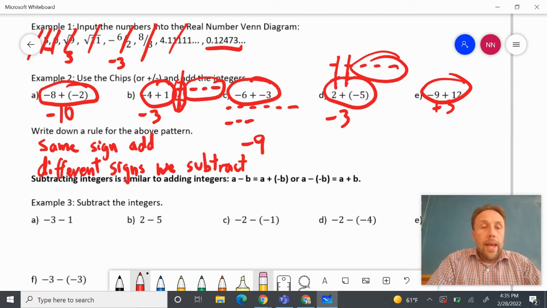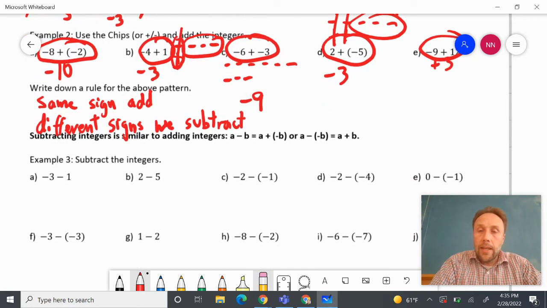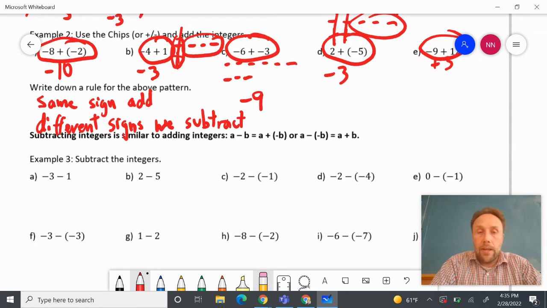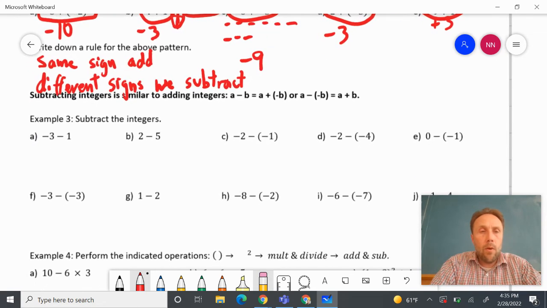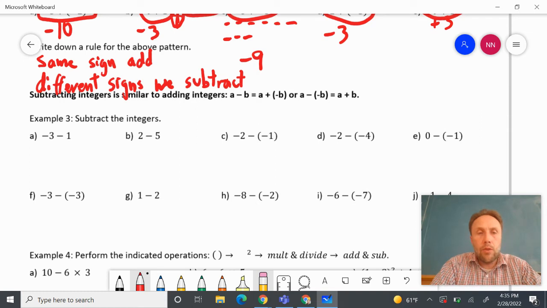Now, subtracting integers is just going to be like adding integers. The only difference is I'm going to treat a subtraction as a negative. So I have negative 3 minus 1. I'm going to treat that as negative 3 plus a negative 1. I see the same sign, so I know I'm going to add, and that gives me a negative 4.